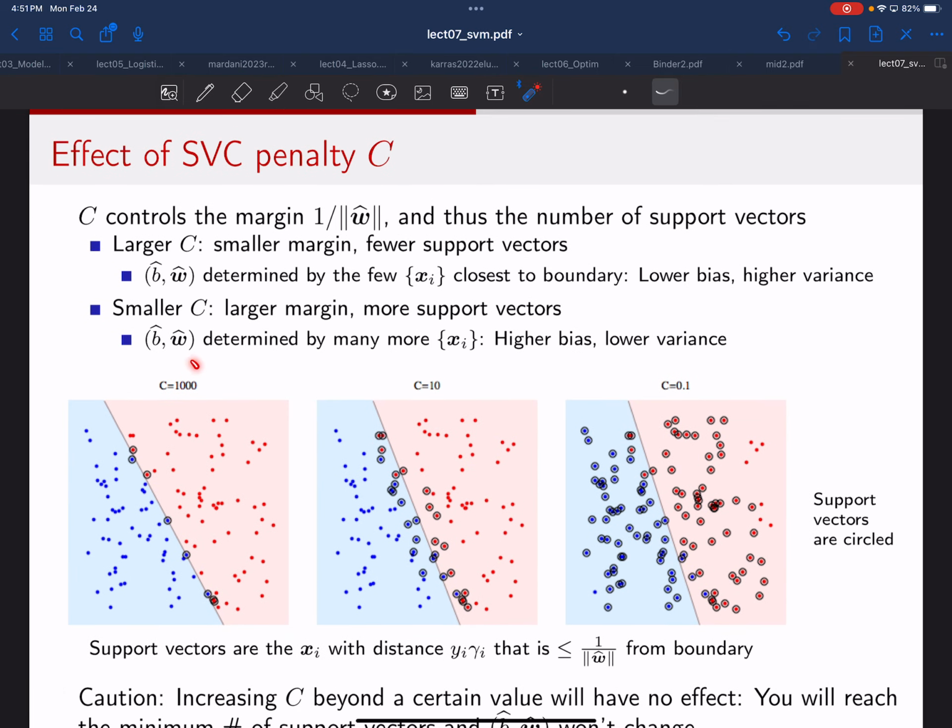Here we have examples with 3 different values of C, and we have our red and blue data, and you can see that the support vectors are the ones that are circled. Those are the ones inside the street, or let's say determining the boundary. When we have a small C, like I was describing just now, we have a wide street. You can see the boundaries of the street are over here.